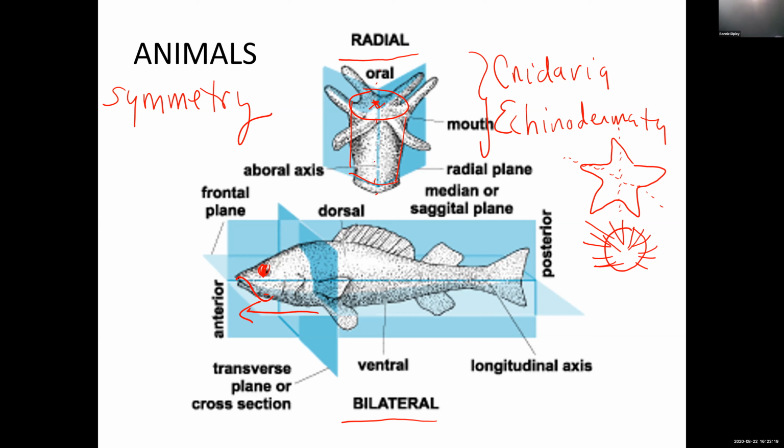When we look at the body of our symmetrical organism, just like the plant, if we're going to take a cross section, it's going to go across this way. If we take a longitudinal section, it's going to go that way. Because the animal body is a little more complicated, there's actually 3 ways we can cut through it.